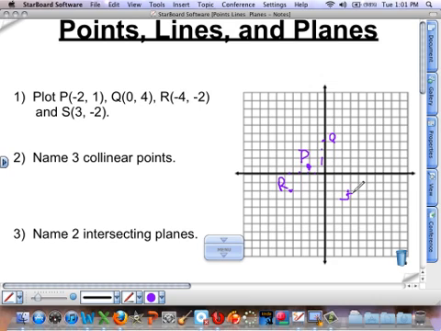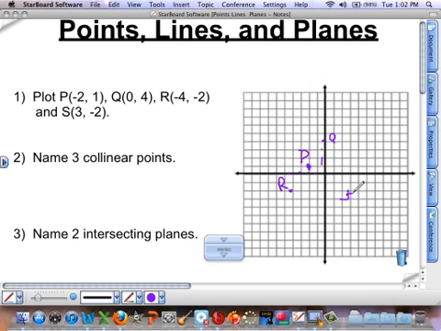Very good. By the way, how do you guys know if 3 points are collinear? If you had them plotted out like this, how could you definitely know for sure they're on the same line? Nick? If they're on the same line, what should be true about their slope?